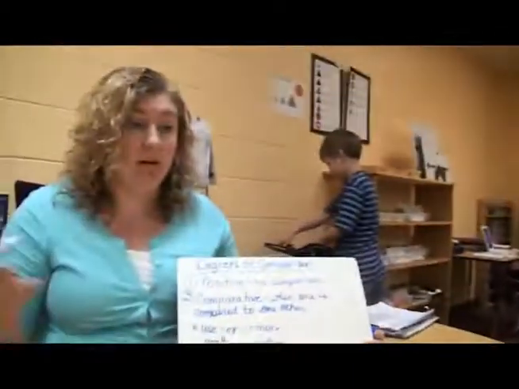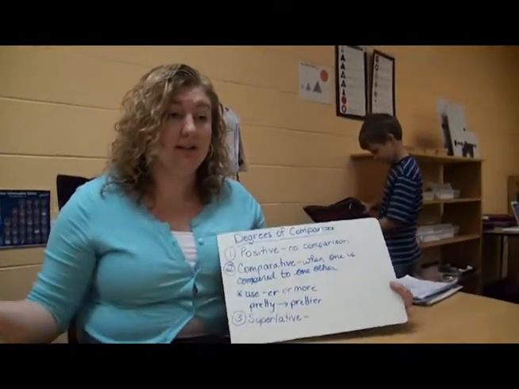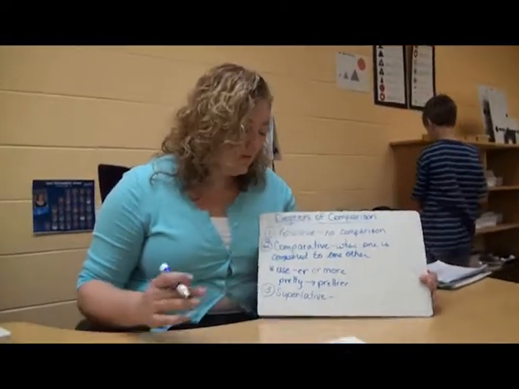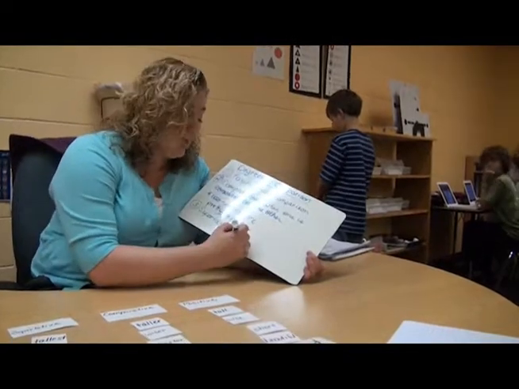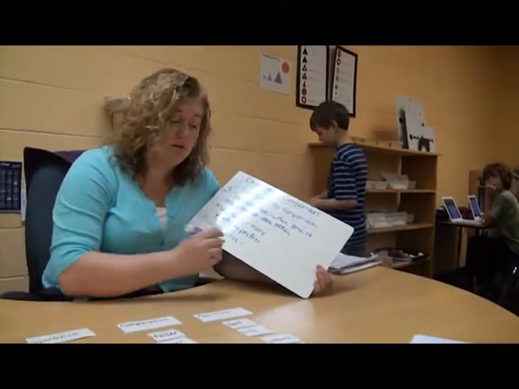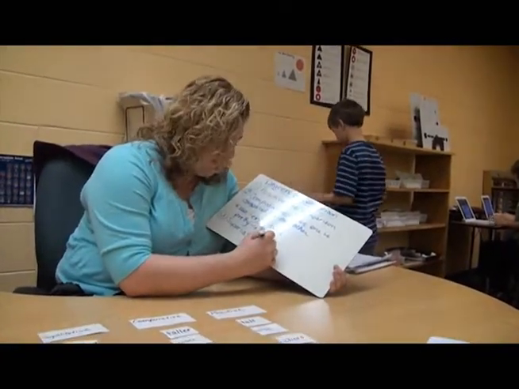The man is the tallest in the town. Okay, good. So what we're doing there, we're still comparing, right? But we're taking one and comparing it to many. In your example, you're comparing it to the entire town. So that's a great example. That's what happens when you're using superlative degree adjectives. You're comparing one to many others, or two or more.